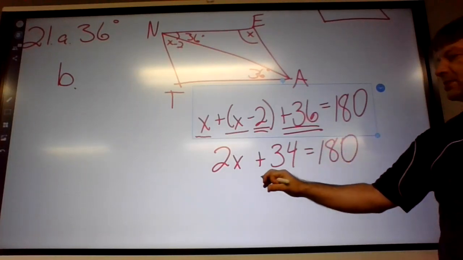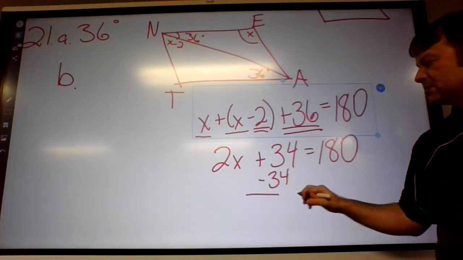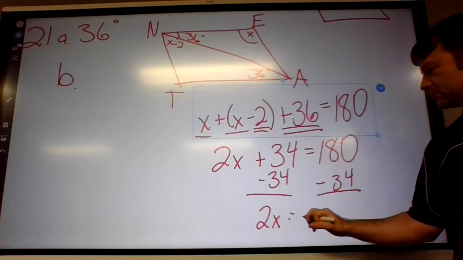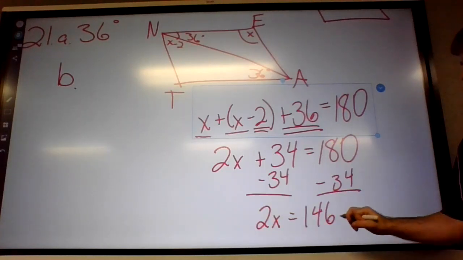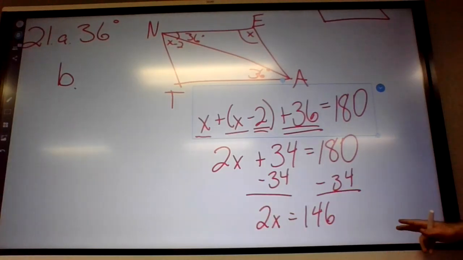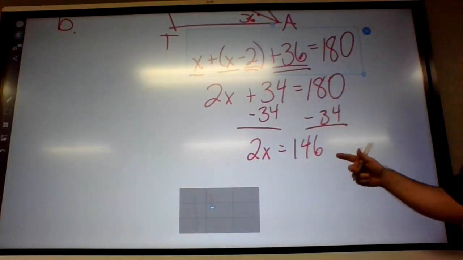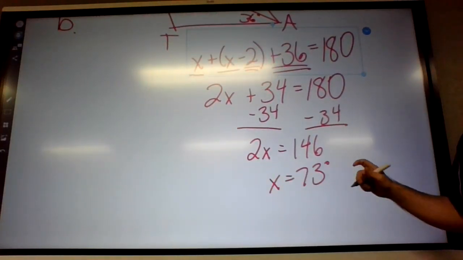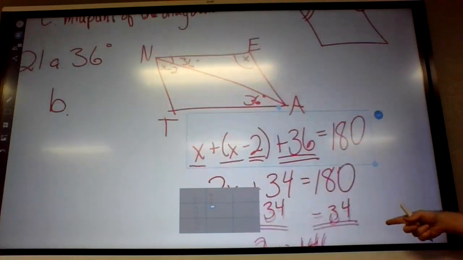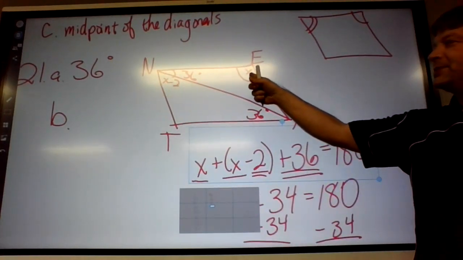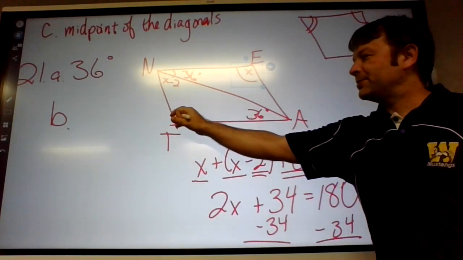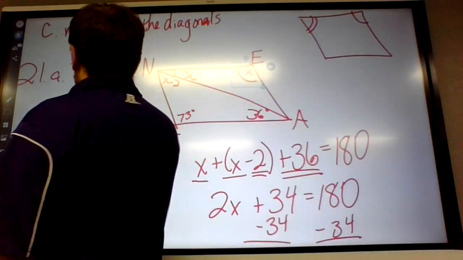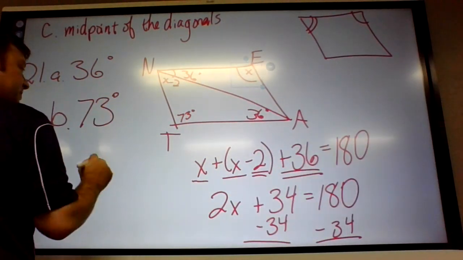Minus 34 from both sides gives 146. Divide by 2, and 146 divided by 2 is 73. Is that our answer? Yeah, actually it is. Because X is also this angle, so this is also 73. So actually, yeah, X is our answer on this one.